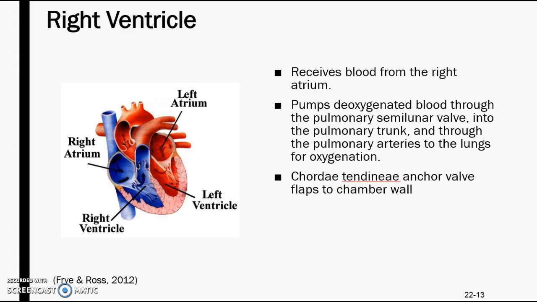It's deoxygenated at this point, through the pulmonary semilunar valve into the pulmonary trunk, through the pulmonary arteries, because remember, arteries carry blood away from the heart, and to the lungs for oxygenation. There are chordae tendineae that anchor the valve flaps to the chamber wall. And just a side note, this is the only place in the body where an artery is carrying deoxygenated blood.